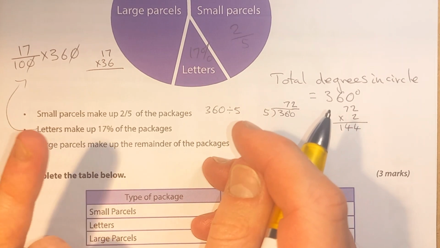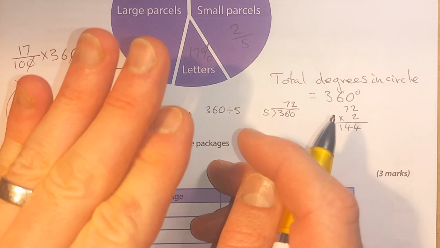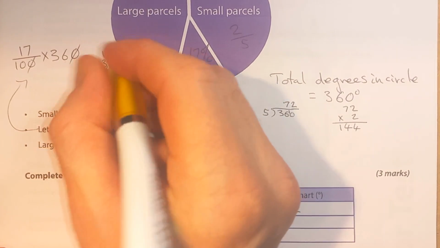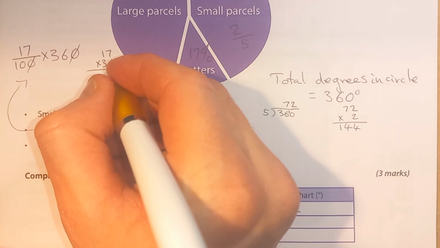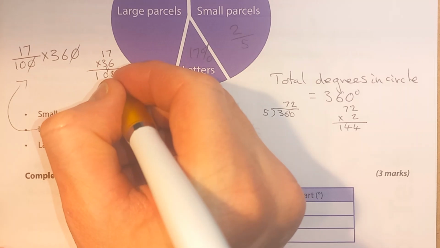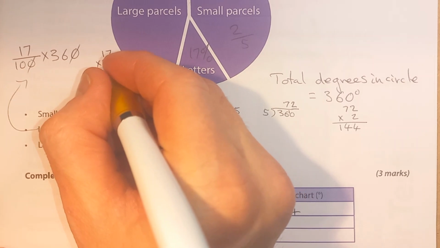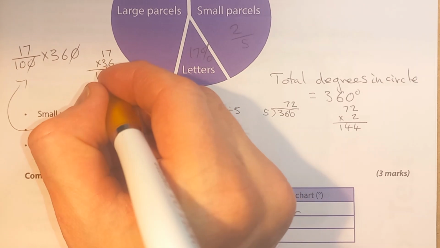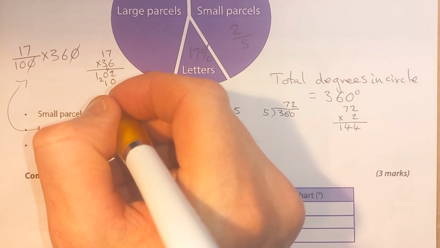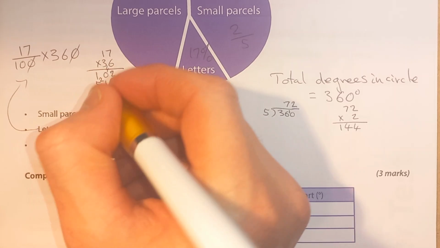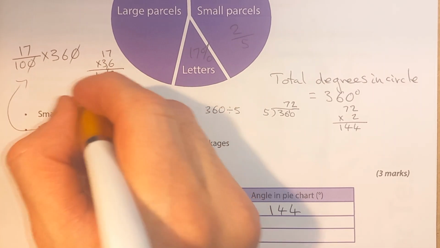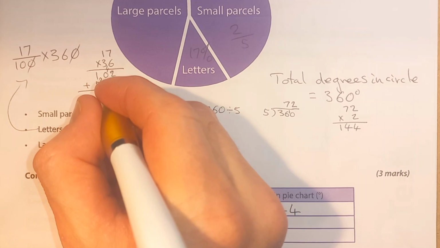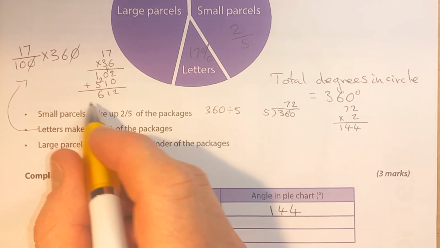Well, let's do it. 7, 14, 21, 28, 35, 42. 1 times 6 is 6, plus 4 is 10. Then put a 0 down because we're on to the tens. 3 times 7, 7, 14, 21. 1 carry the 2. 3 times 1 is just 3, plus the 2 is 5. So if we add these together, 2 plus 0 is 2, 0 plus 1 is 1, 1 plus 5 is 6. Okay, so we've got 612.